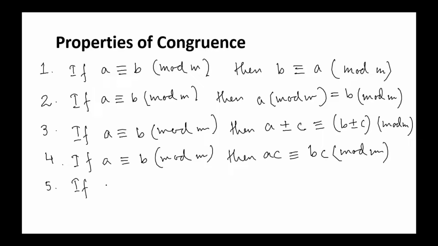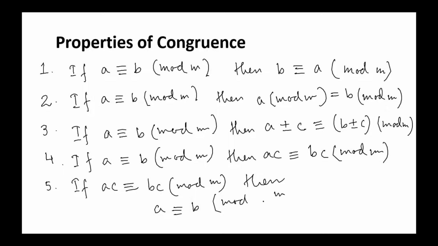If ac is congruent to bc modulo m, then a is congruent to b modulo m by GCD of c, m.